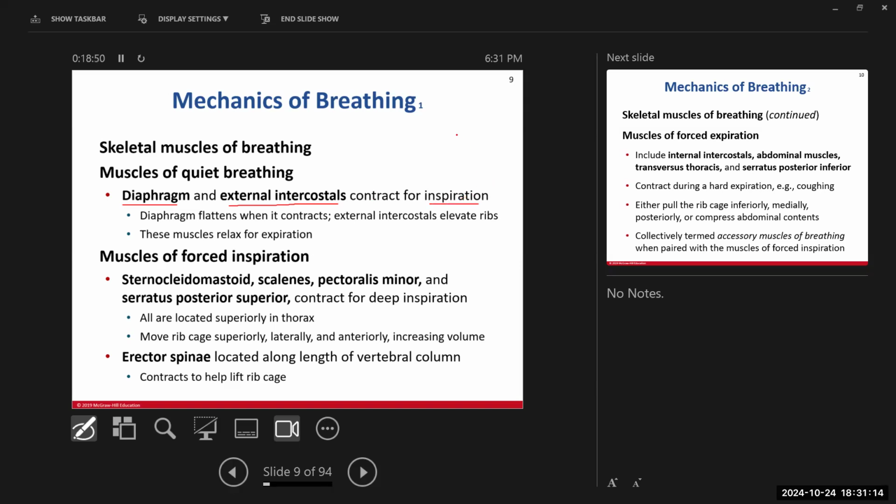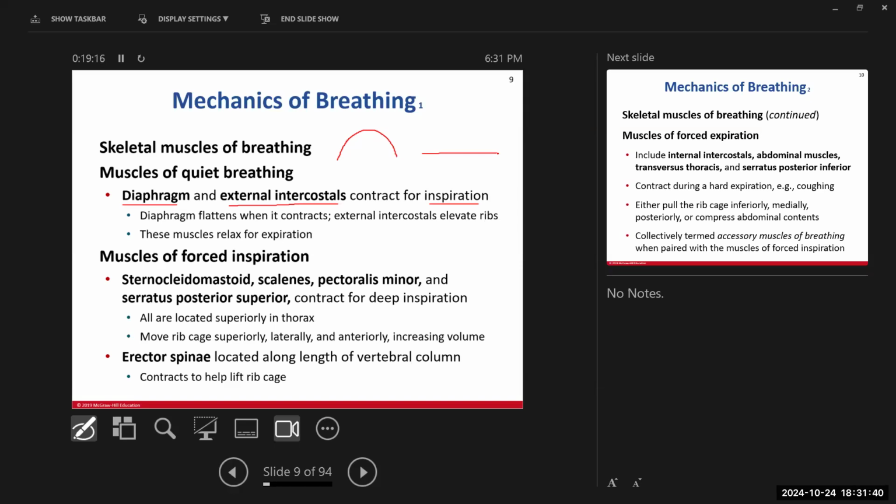Now, when the diaphragm's at rest, it looks like a big dome. And then when you take a breath, when it contracts, it flattens out. And so that's going to change your thoracic cavity volume. We'll talk about how it does that specifically in a few moments. When you're taking a breath in, your external intercostals contract. They're going to elevate the ribs outwards, like a bucket handle.